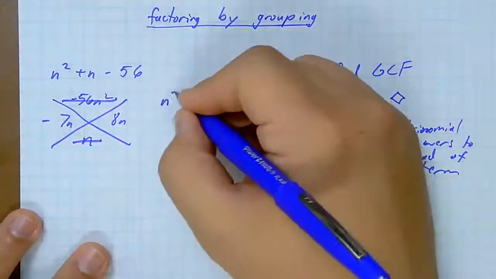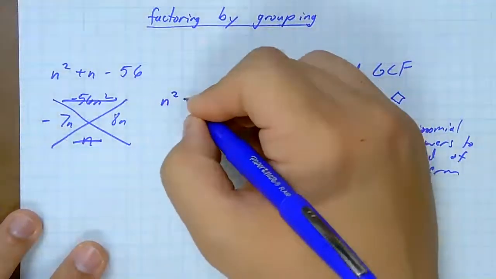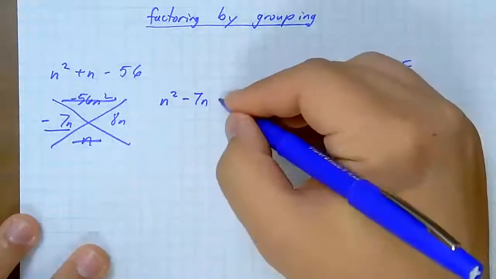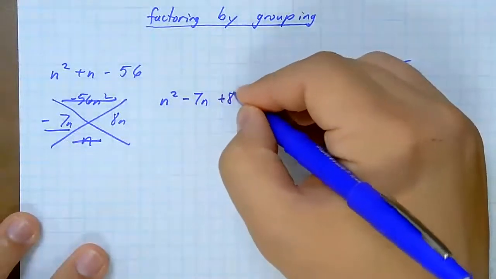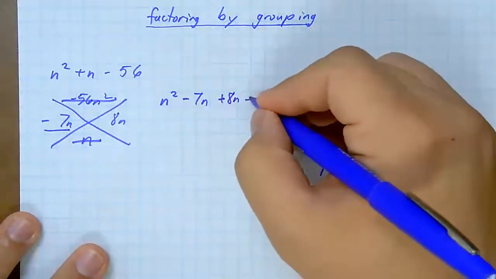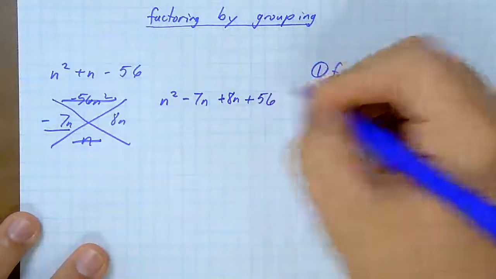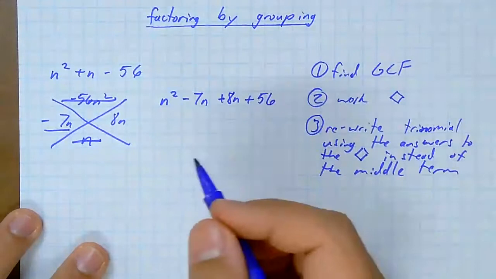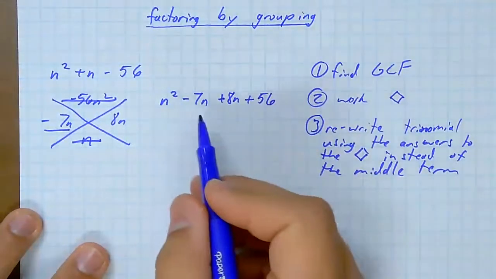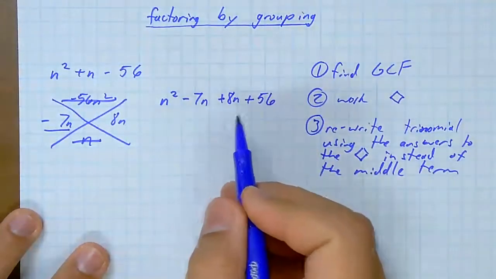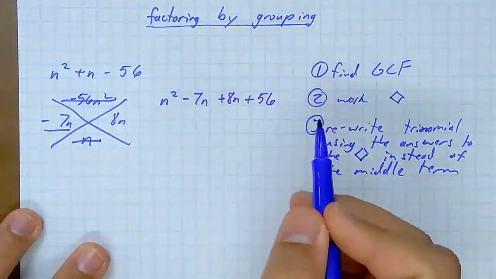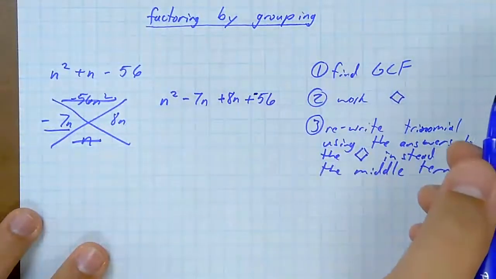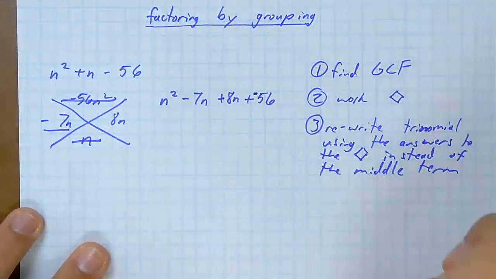We're going to have n squared minus 7n, the first answer to our diamond problem, plus 8n, minus 56. Sorry, I said plus a negative 56; it should have been a minus 56.